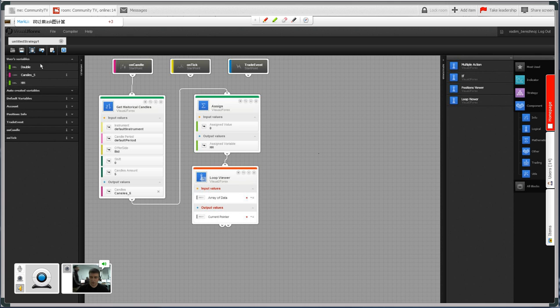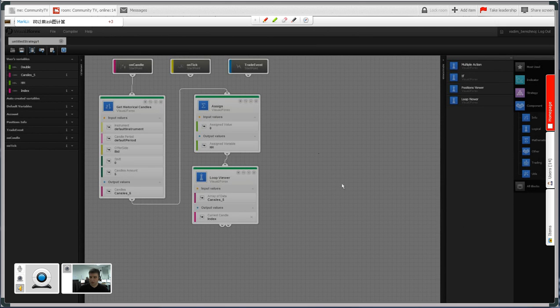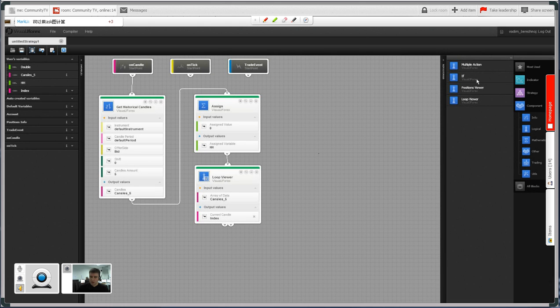Here we use our array and index candle. Then with the condition block, we check the current high of index variable candle high.